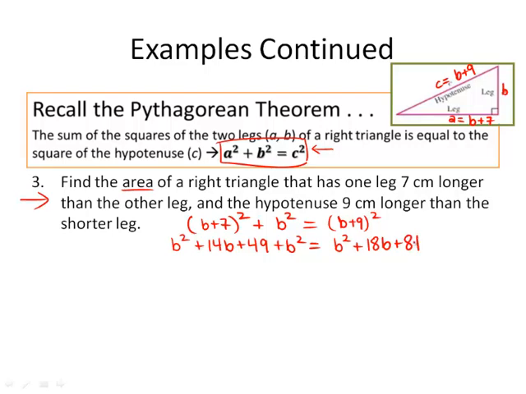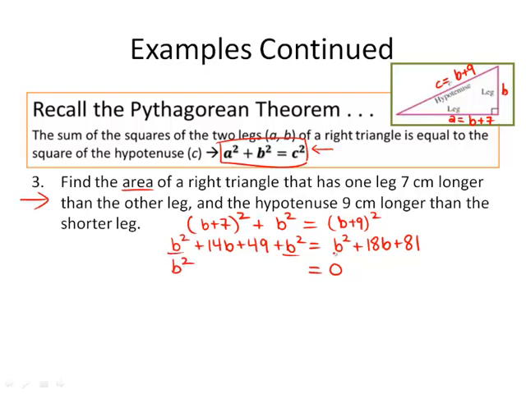We want to get everything to one side so that it equals 0 so that we can use the 0 property. So, you can do this a little bit slower, but I'm going to just look at all the b squares first. We're going to have b squared plus b squared, but then minus b squared.